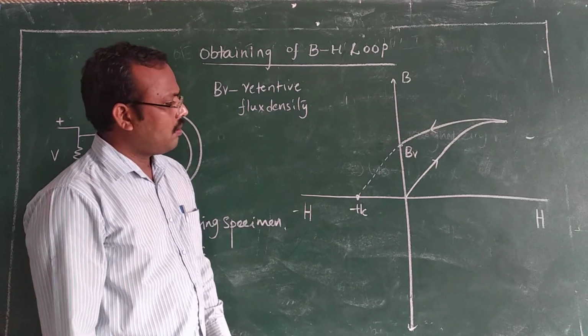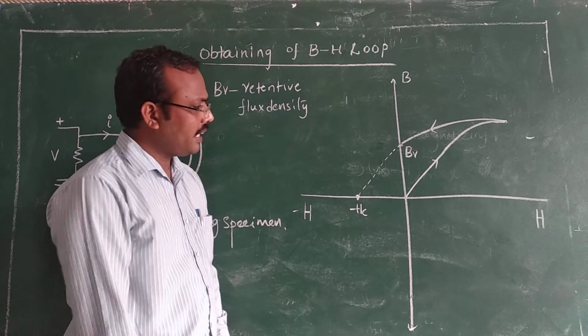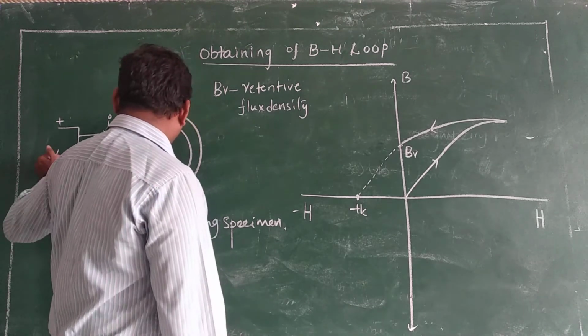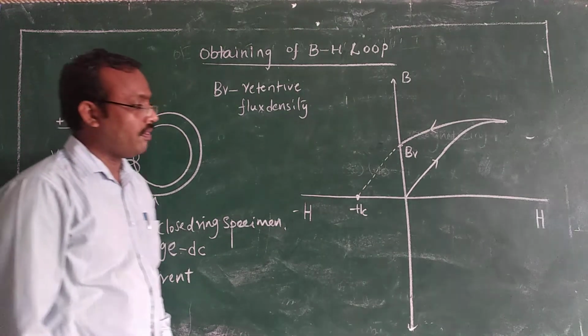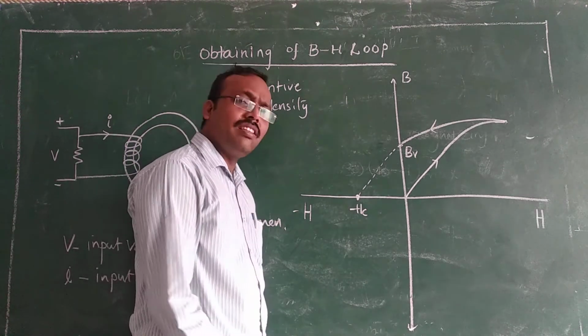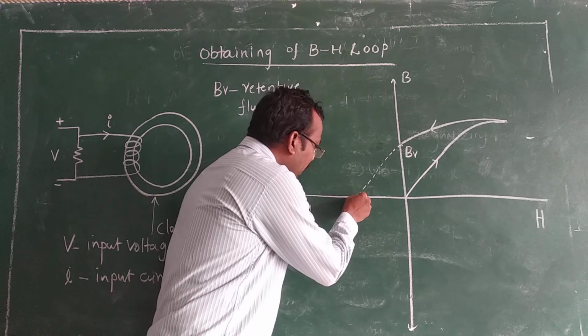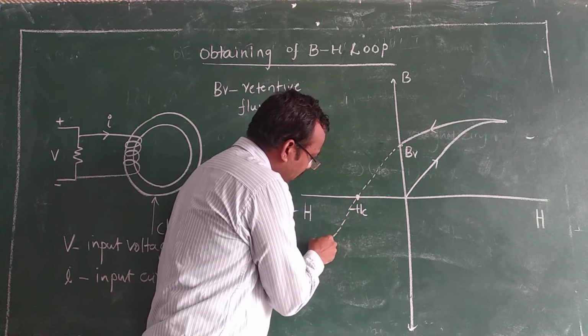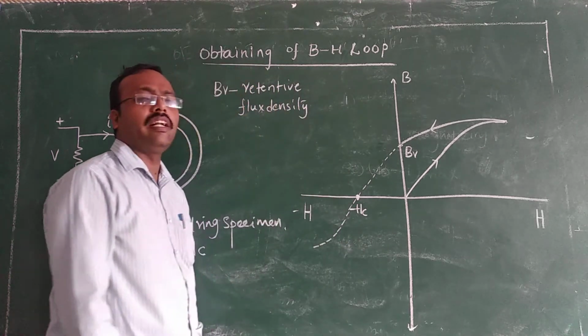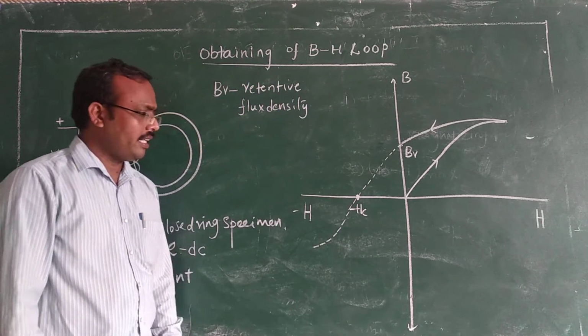Now further increasing current in the reverse direction, what happens? It increases linearly, and at a certain point it is saturated.